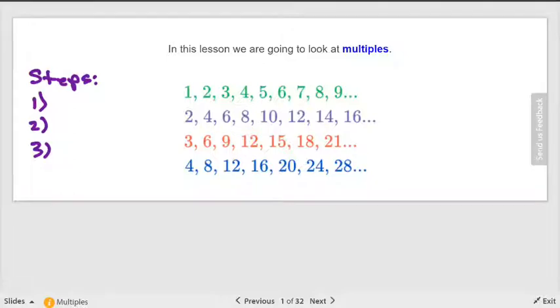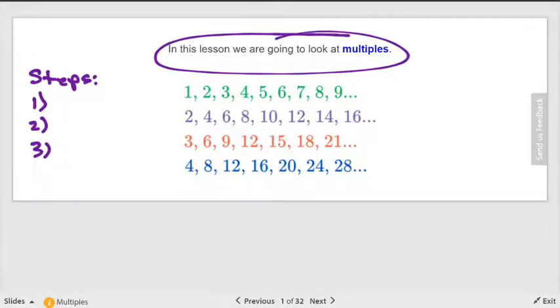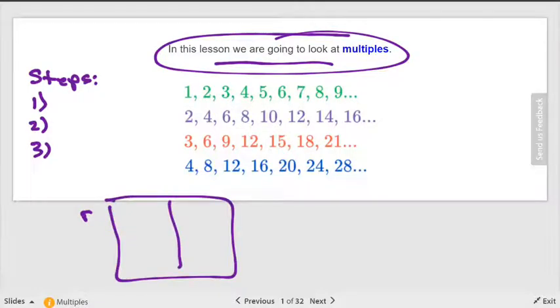So the things that we look at here, I don't want you to write down everything they say from Education Perfect, right? But for example, in your notes section, so if you had it here and separated, on your notes section, the first thing we're talking about today, of course you'd have your title up here that I already gave you, is we're going to talk about multiples, right? Okay?